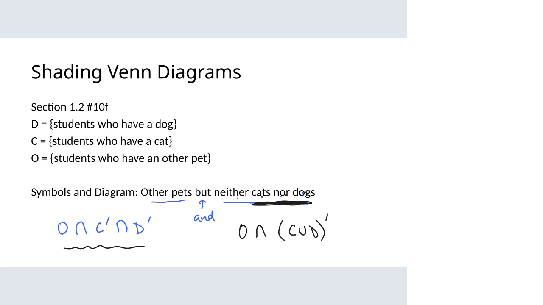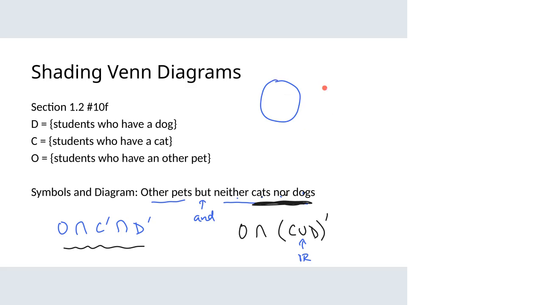But because we wanted to group cats and dogs together, one thing that's important here is we have to do cats or dogs, because they don't have cats, they don't have dogs. So anybody with a cat or a dog, we want to throw them out. And that's how we do that. It takes a little practice to get the symbols from words down. We're going to be heading towards pictures from words primarily.